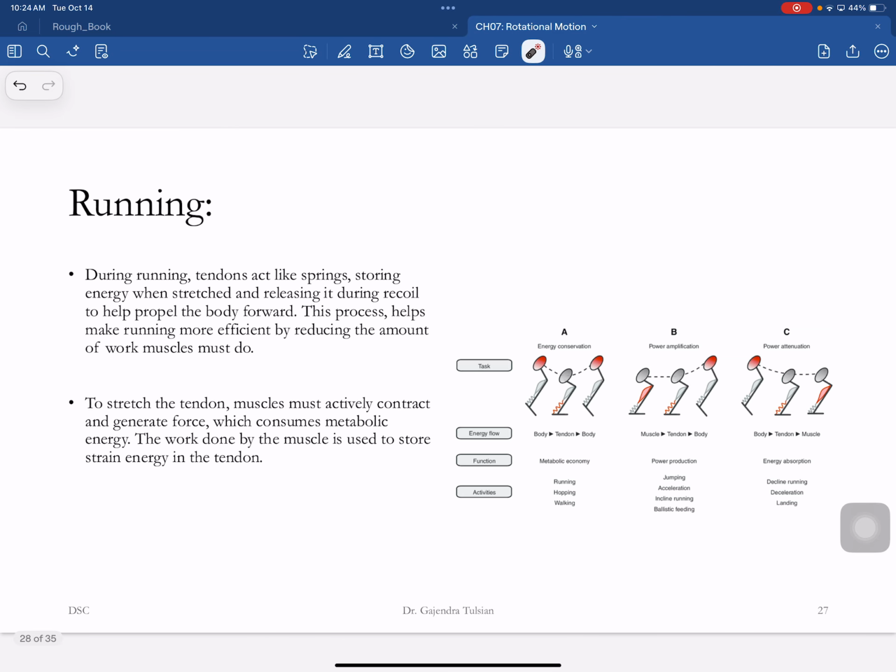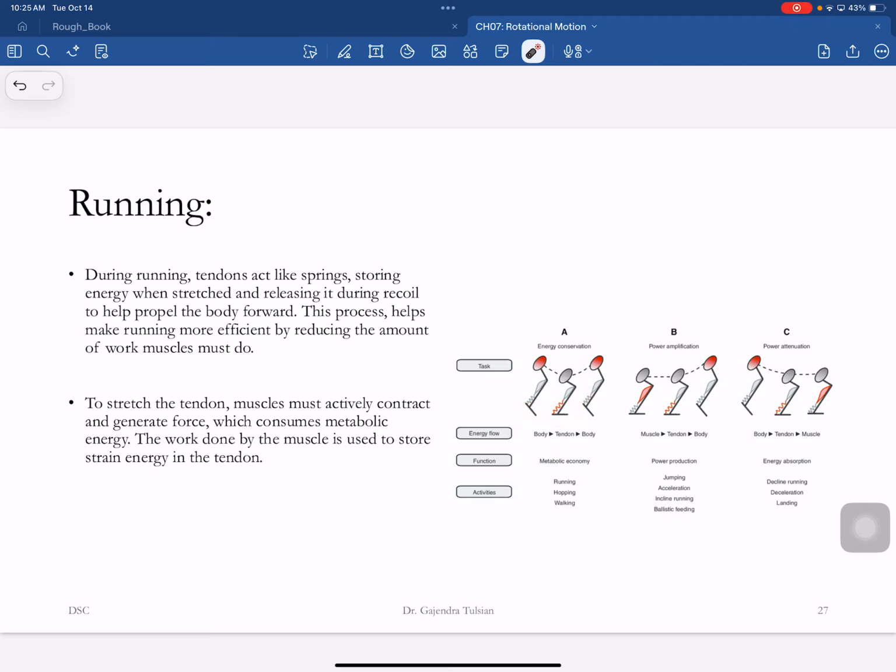So here's what's happening during running. Here's a model. Here's your body center of mass. As you lay down the foot, as your heel goes down, it's stretching the tendon, and then this can propel you back up.